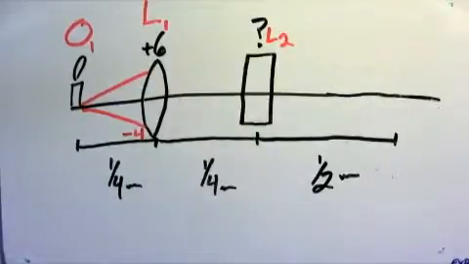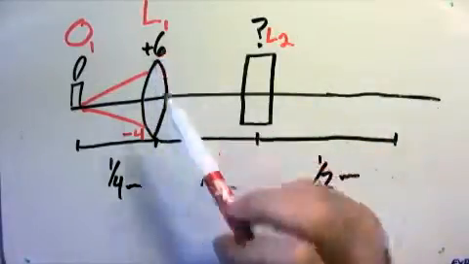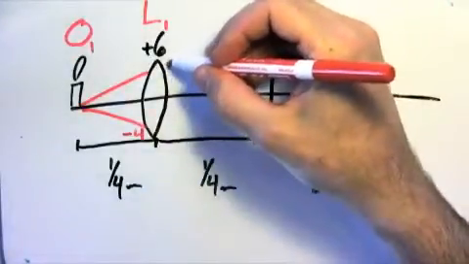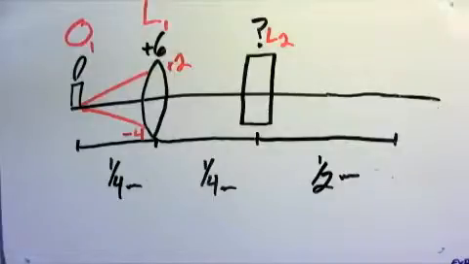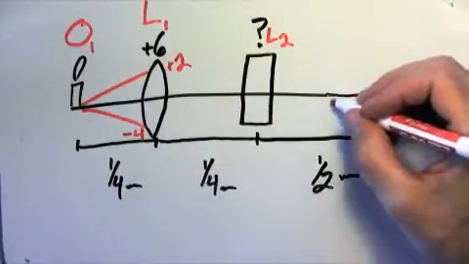And what is the vergence of the rays of light as they emerge from this lens? Well, it's simple math for us. -4 plus 6 is equal to +2. So +2 means that the rays of light converge where? Always and forever, +2 means 1/2 meter, and plus means to the right. So 1/2 meter to the right, let's see, this is 1/4 meter.